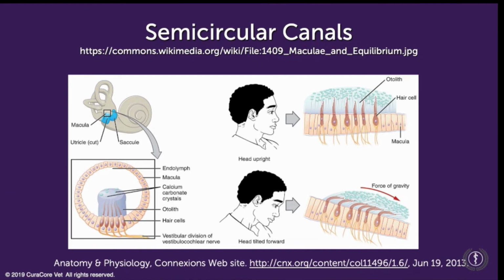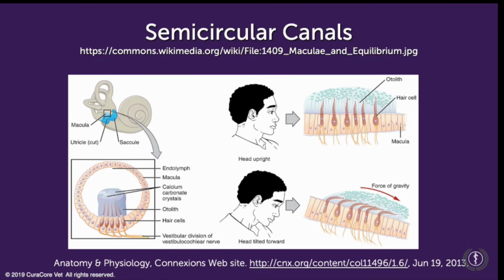And then at the semicircular canals, below those in the macula with the utricle and saccule, they have a little different setup of receptors, and this is a gelatinous cap on top of these hair cells that's called the otolith. And on top of the otolith, over here on the right, are some calcium carbonate crystals, and those are called otoconia.